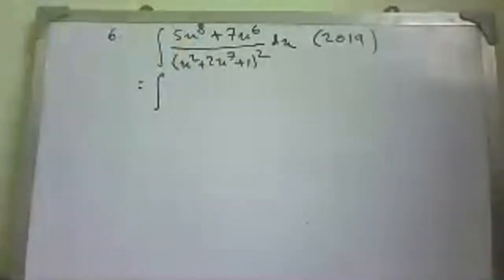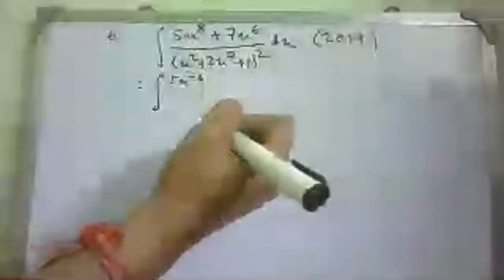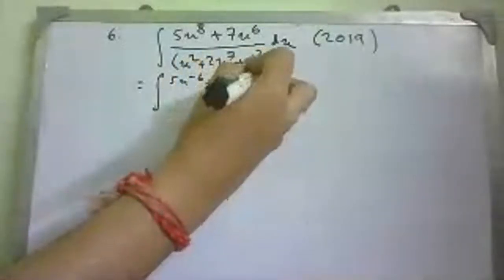We could have chosen larger exponents, but there is a particular reason for choosing x to the power 14, and we will understand it. If we divide by x to the power 14, the denominator will get 5 times x to the power minus 6 plus 7 times x to the power minus 8.